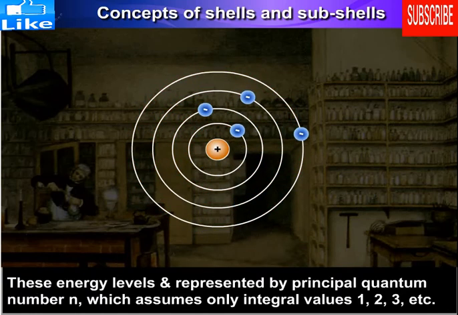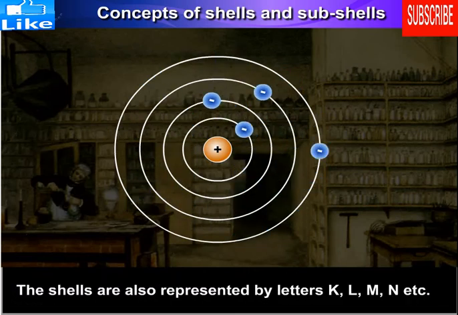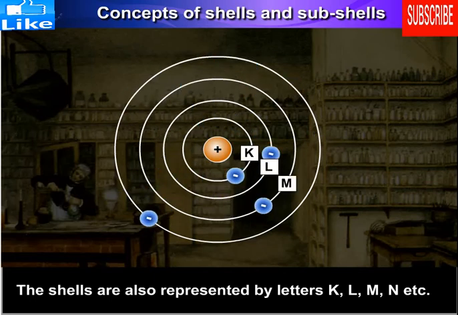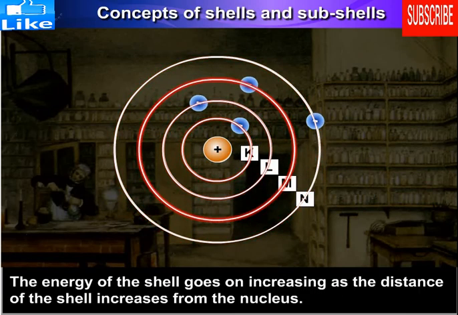These energy levels are represented by the principal quantum number n, which assumes only integral values 1, 2, 3, etc. The shells are also represented by letters K, L, M, N, etc. The energy of the shell goes on increasing as the distance of the shell from the nucleus increases.